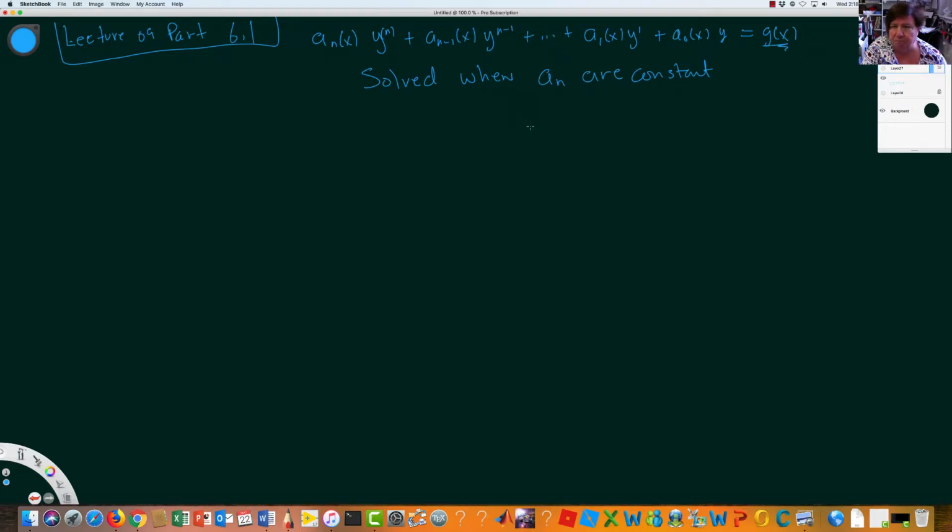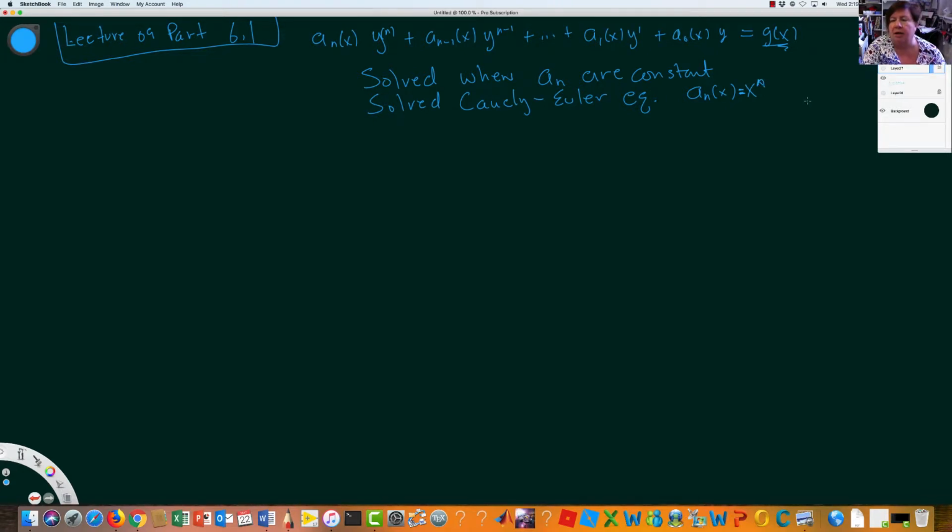And we've solved Cauchy-Euler equations that have that special form where the a_n of x are equal to x to the n. So if this was a third derivative, this would be x cubed times that. Then we can actually solve that, right? This is x to the n.